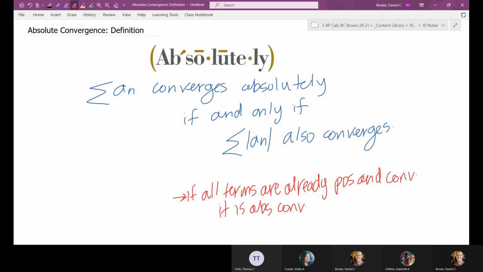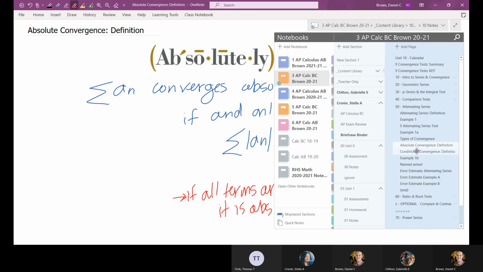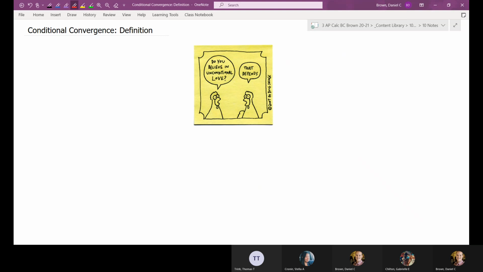Which should make sense. If all your terms are already positive, then the absolute value of the terms is literally the same series, so it's going to be convergent absolutely. Most of the series we've talked about have already been absolutely convergent. A weaker type of convergence is conditional convergence.